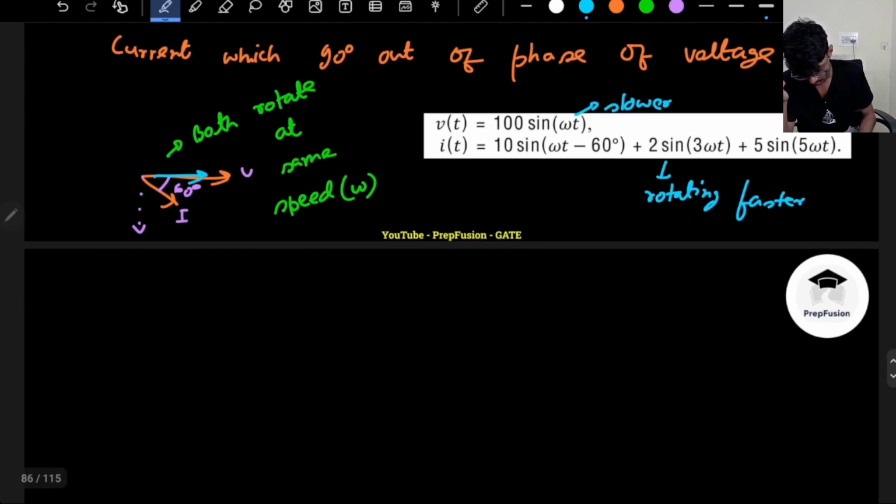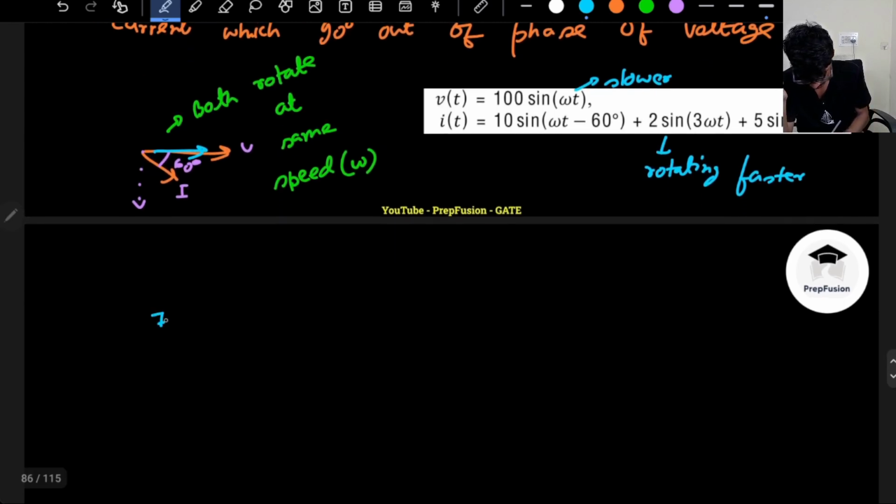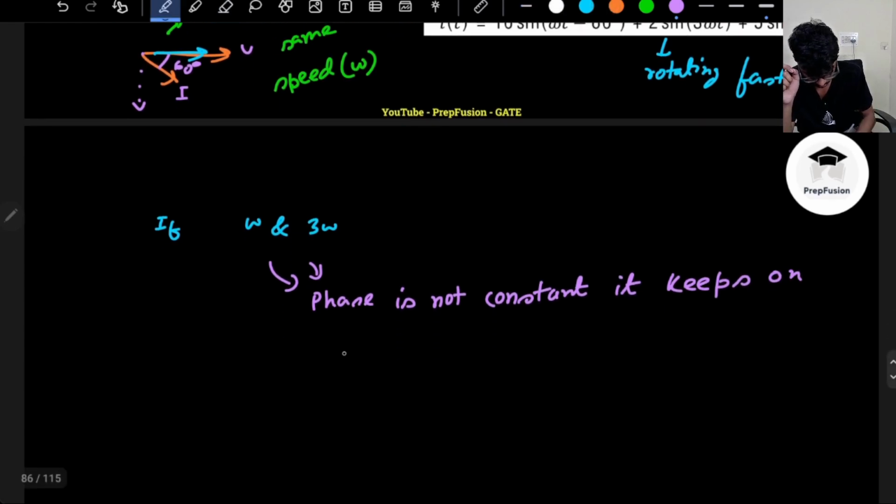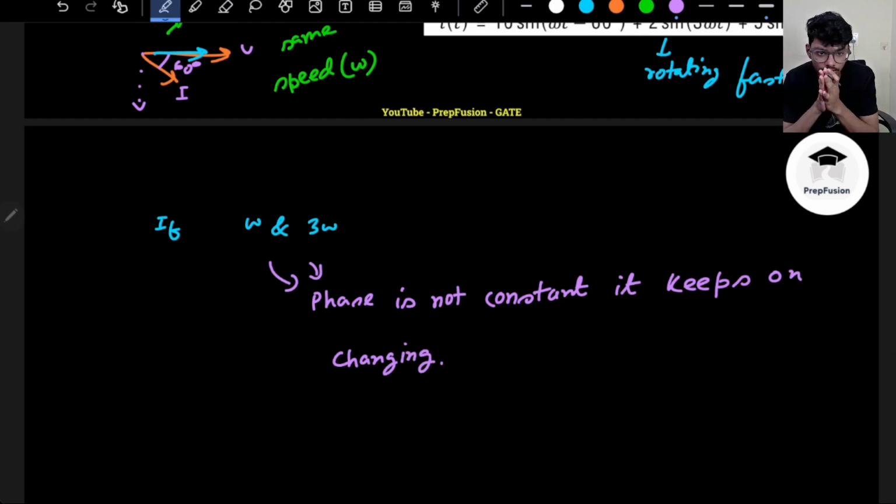If I have two components, omega and 2 omega or 3 omega, let's say, the phase difference is not constant, it keeps on varying. So it is not defined basically.